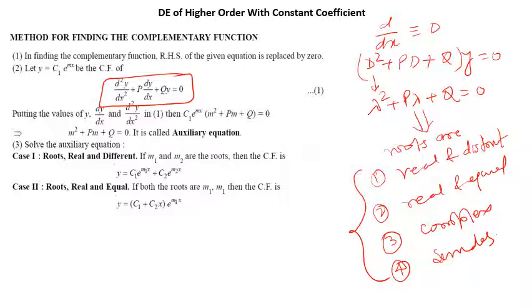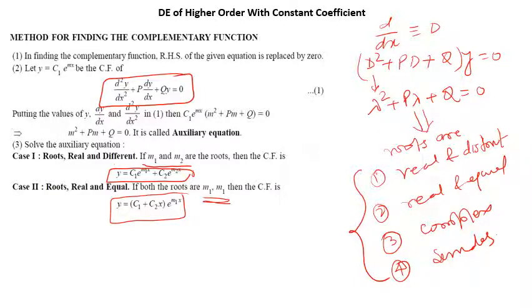First case, if roots are real and distinct, say m1 and m2, then the solution can be written in this form: y = c1 e^(m1 x) + c2 e^(m2 x). If roots are real and equal, then the solution can be written in this form.